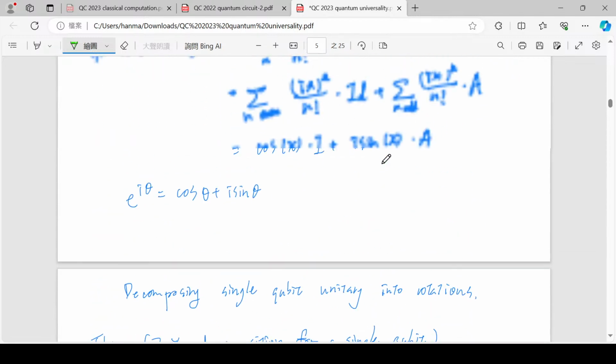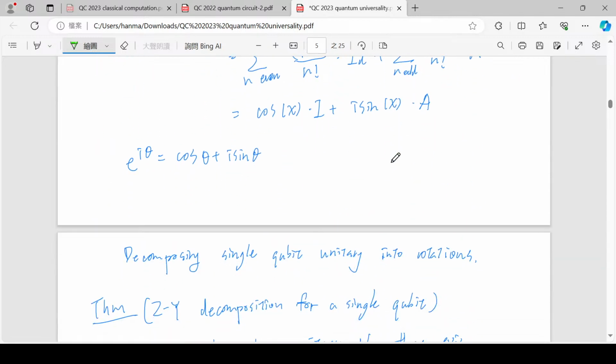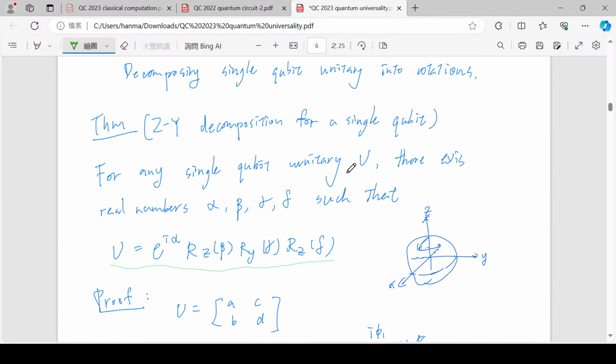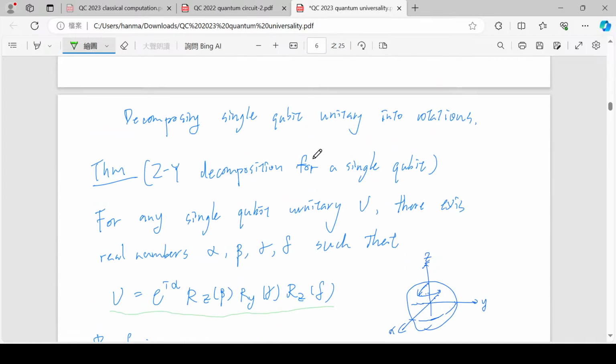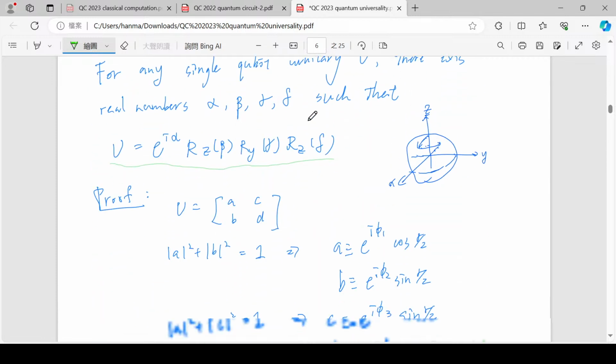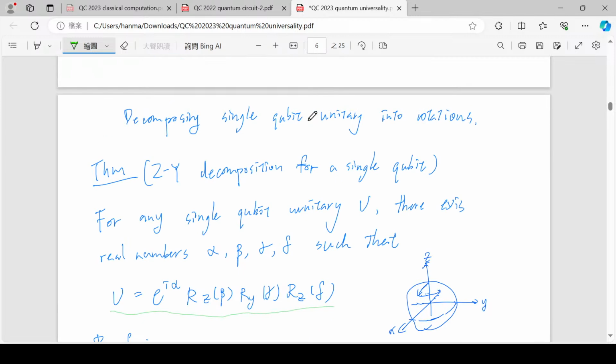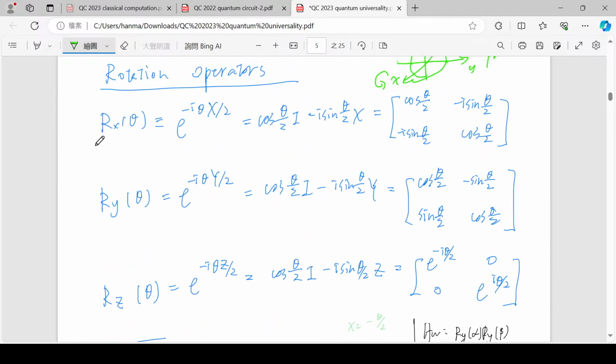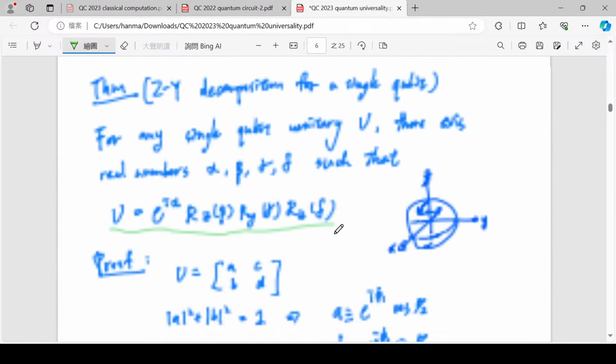Okay, so that's the background information we need to do universality. And so now we start to actually do decomposition. The first thing we do is decompose a single qubit gate into the rotations we just talked about: Rx, Ry, Rz.